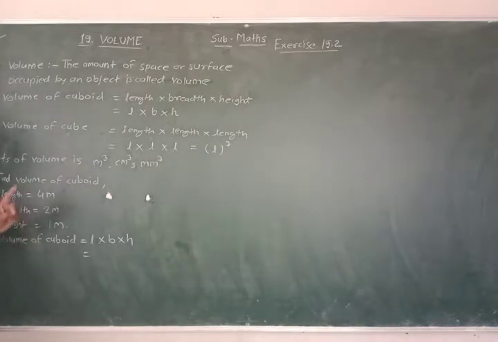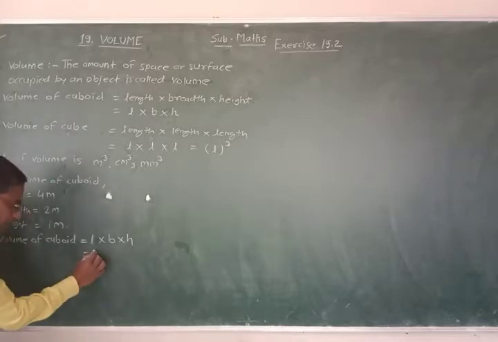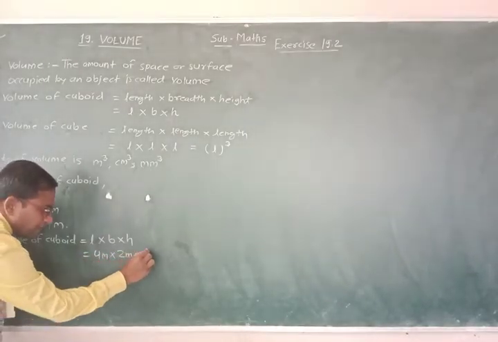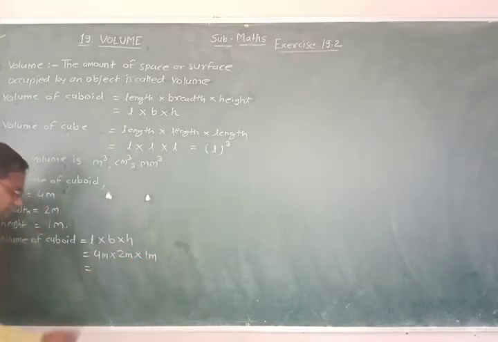Then we substitute the values: 4 meter multiplied by 2 meter multiplied by 1 meter.